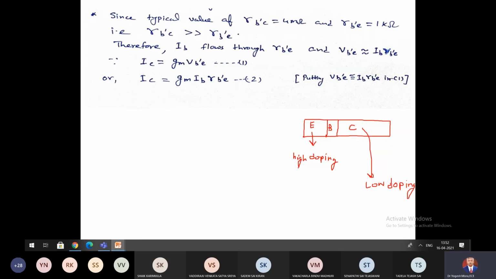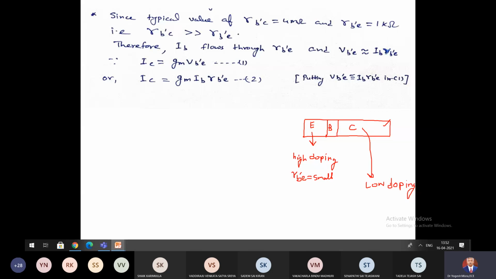If high doping, then its conductance will be more, or in terms of resistance, R B dash E is small, because doping is more means charge carriers are more, so conductivity is more, so the resistance is small.